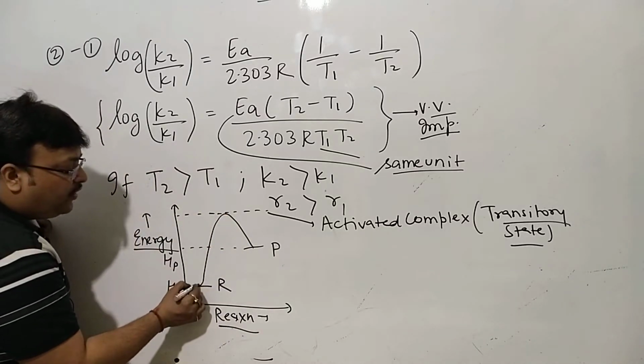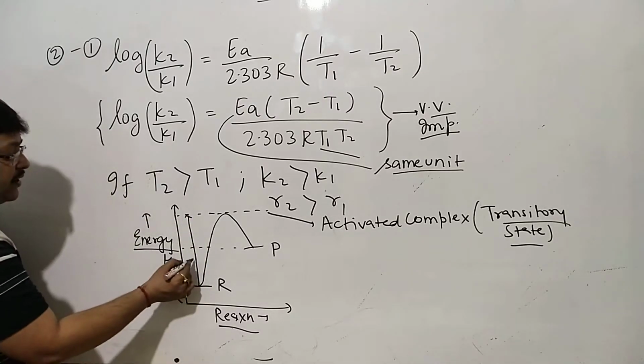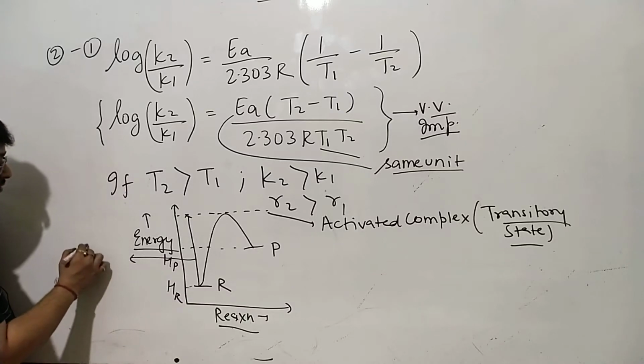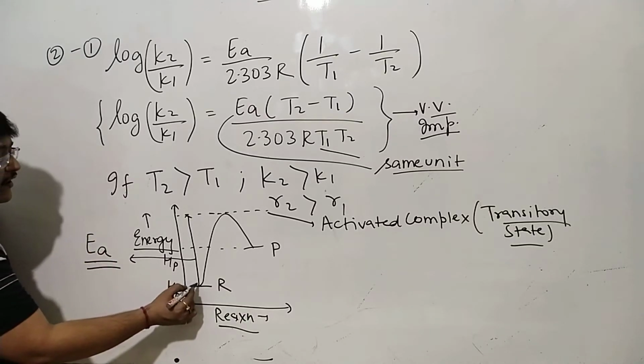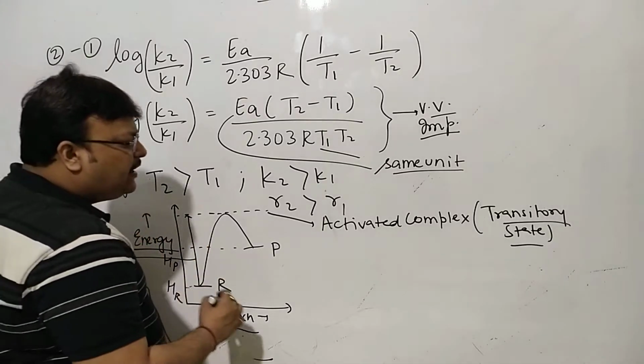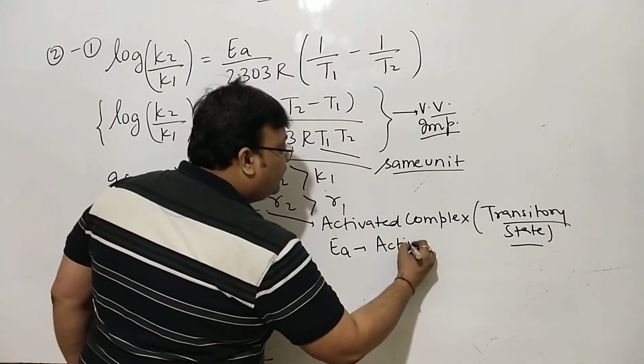To reach this point, the amount of energy required is the activation energy. The amount of energy required to reach this point is called the activation energy, and this is where you define activation energy.